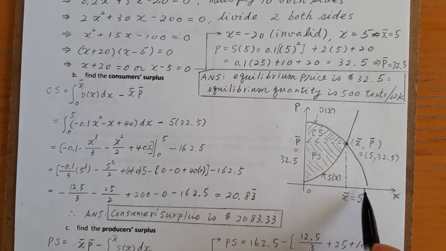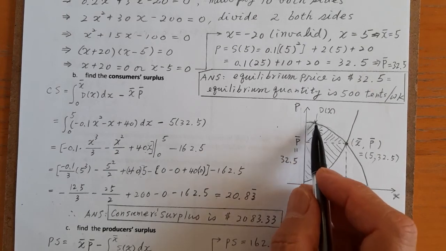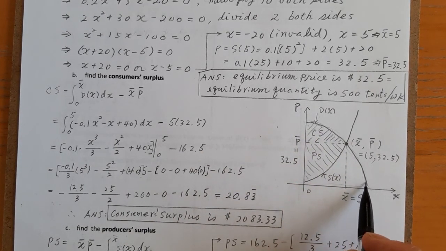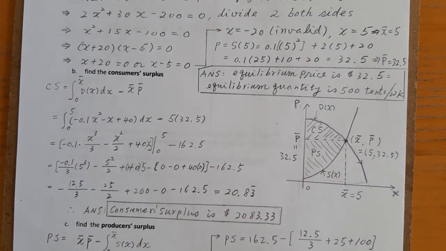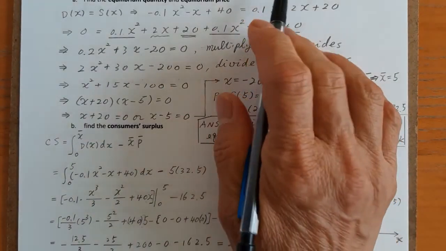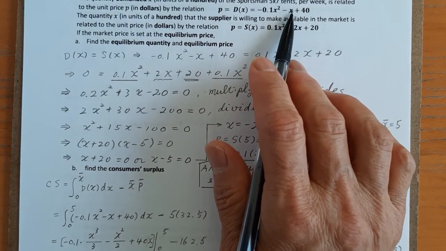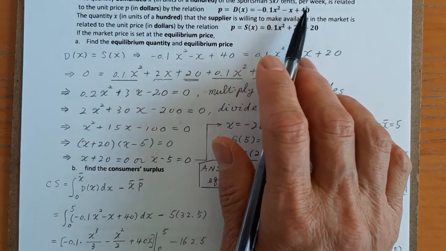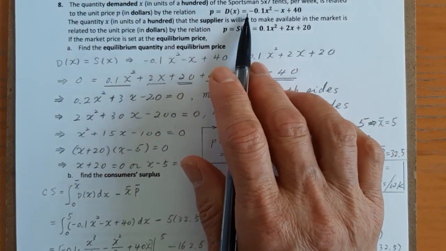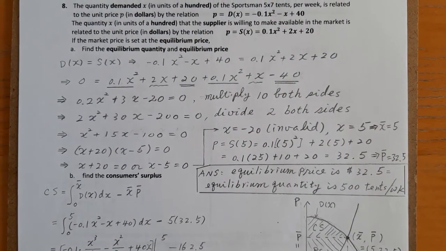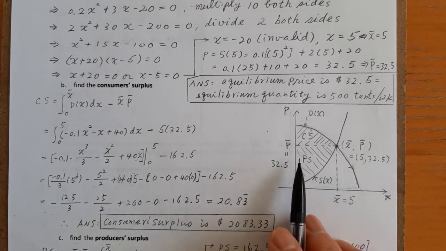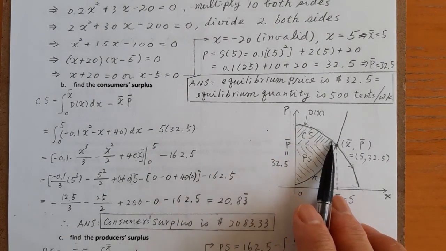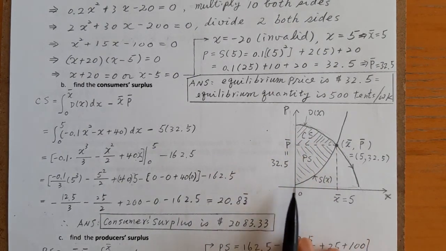When x increases, the price decreases. It's decreasing because 40 minus x gets smaller and smaller as x goes larger.